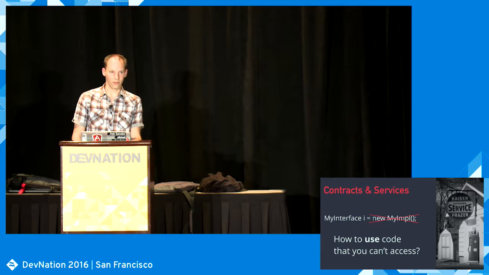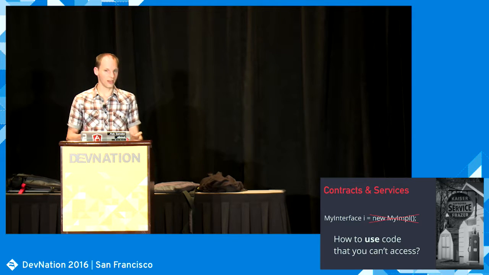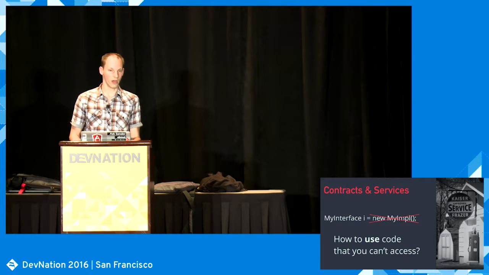What I'd rather have is that my CLI module talks to some kind of interface, some analysis or analyzer interface, and this interface should be the only thing that I know about as the CLI module. And whatever implementation there is, I don't care, just get it done. But there's a problem, because as a CLI module, even though I can introduce an interface, I still need to get a hold of some implementation.